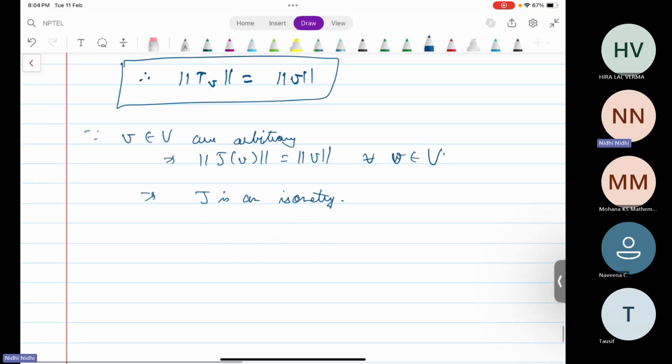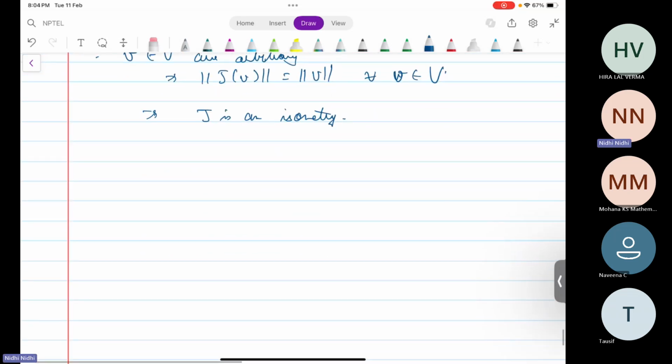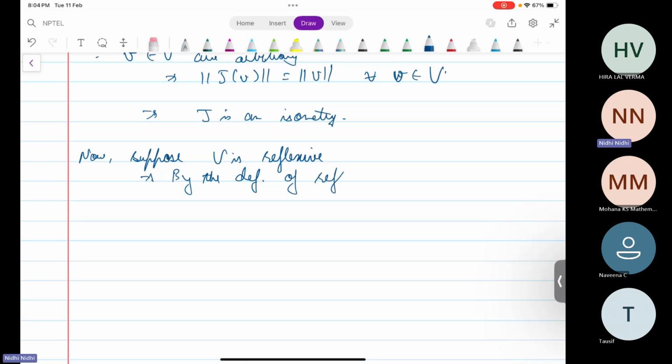Now let's start with one side. Now suppose V is reflexive. Then by the definition of reflexivity, we have this J is surjective.